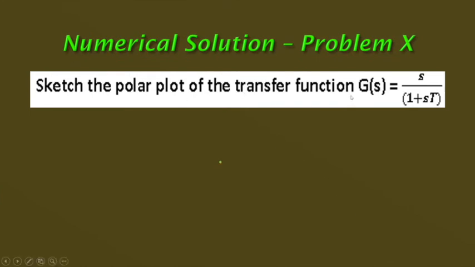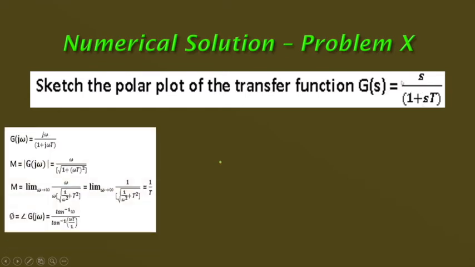Sketch the polar plot of the transfer function. G(s) is given as s divided by 1 plus st. Put s equal to j omega, then calculate the magnitude. So magnitude equals omega divided by root over 1 plus omega t whole square. Then taking phase angle, the phase angle is tan inverse infinity because 1 by 0, minus tan inverse omega t by 1.